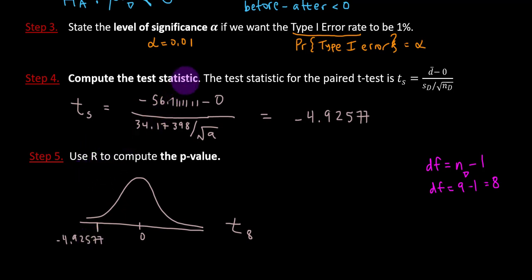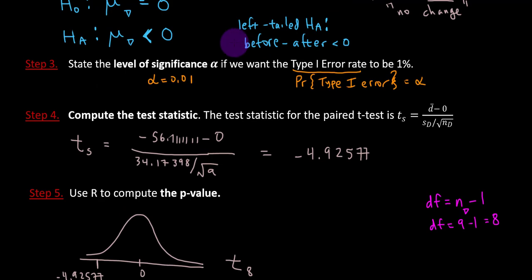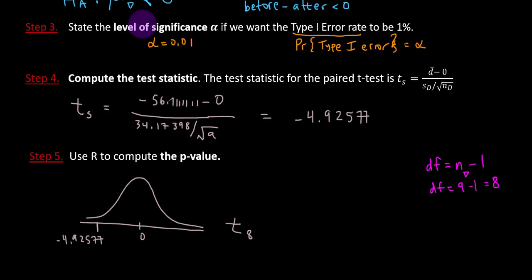But remember, this is a left-tailed test, a left-tailed alternative hypothesis. So I really only want the area in the left tail down here. So it's not a two-tailed test where we would end up doing a doubling procedure over here. So we only want the area or the probability in the left tail.